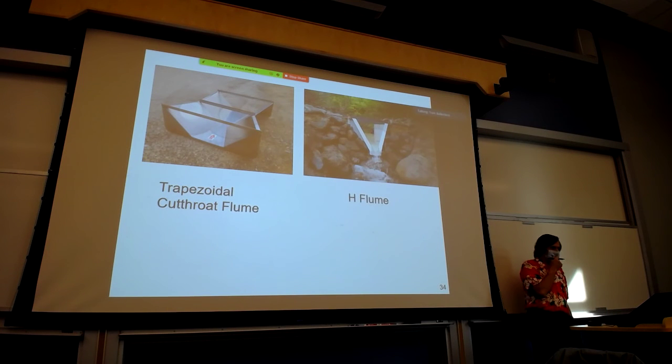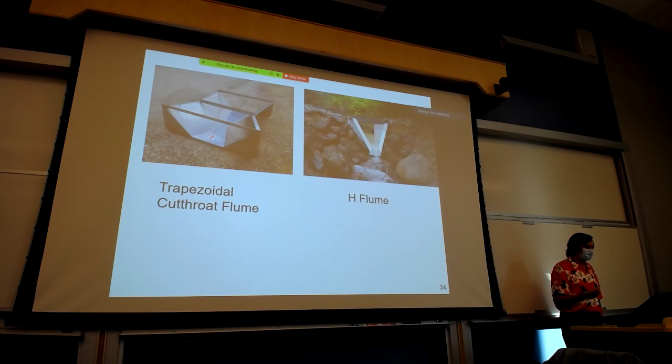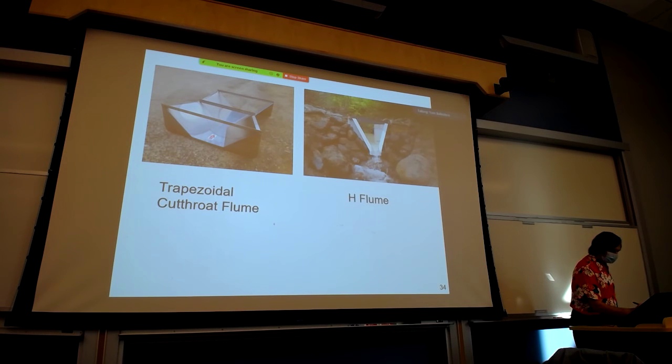And then there are many other types of flumes. So I'm just showing you a trapezoidal cutthroat flume, and the other one on the right is an H flume. So very often in small streams, or where we're trying to measure stormwater flows in small swales, we'll install an H flume. And one reason why you might pick one flume over another.